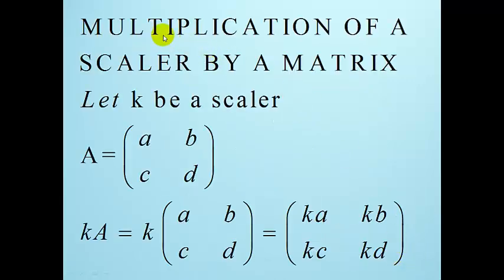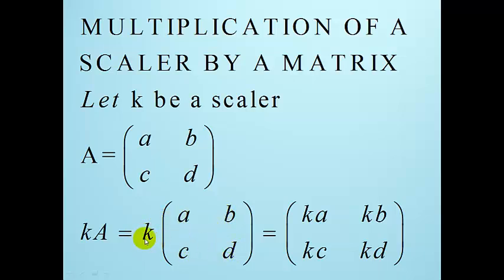Now let's look at multiplication of a scalar by a matrix. Let K be a scalar and the matrix A be equal to [a, b; c, d]. When you write kA, it means that we are multiplying the scalar by the matrix. So kA will be equal to k times [a, b; c, d].